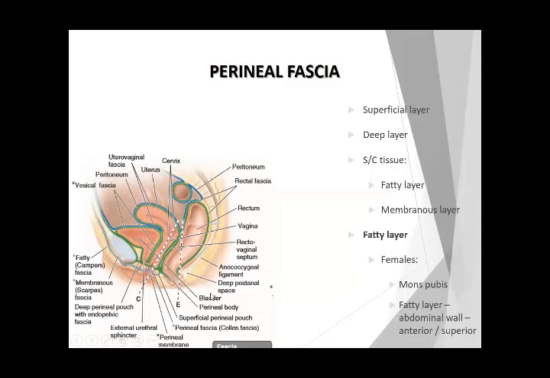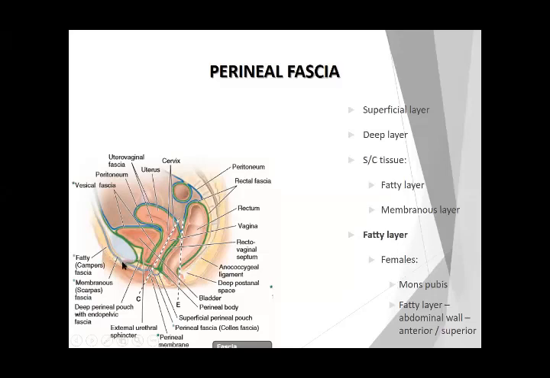Now, in females, this is the pubic symphysis. Anterior to the pubic symphysis, we have this structure which is simply deposition of fat. This is called the mons pubis. This gives prominence to the inferior part of the pelvis.